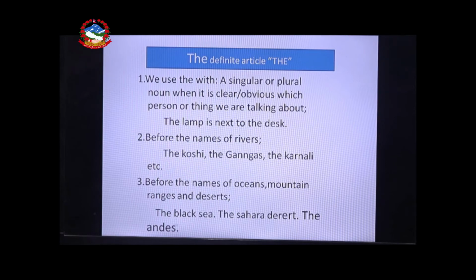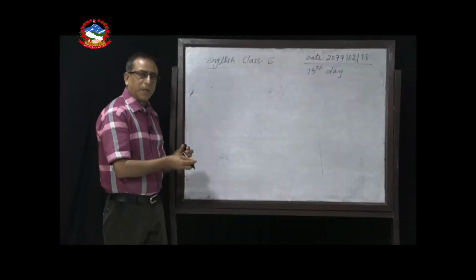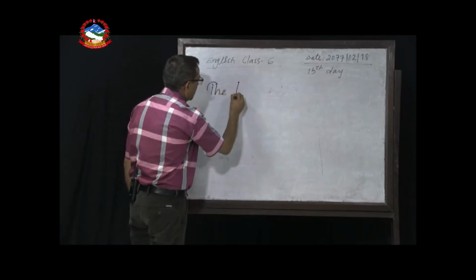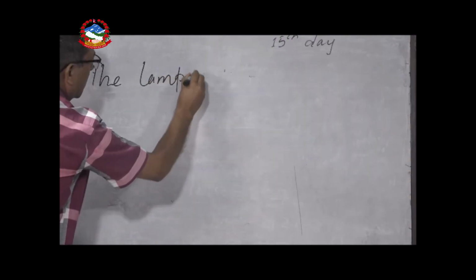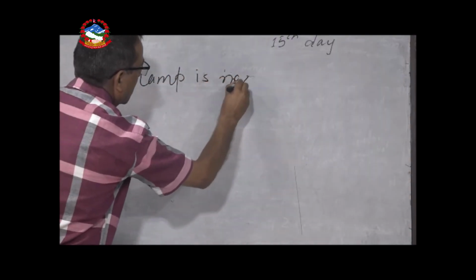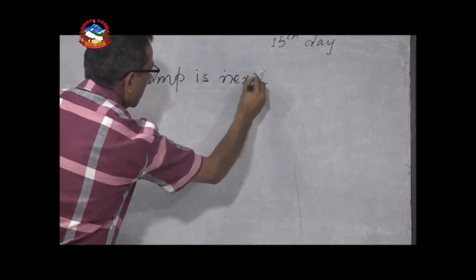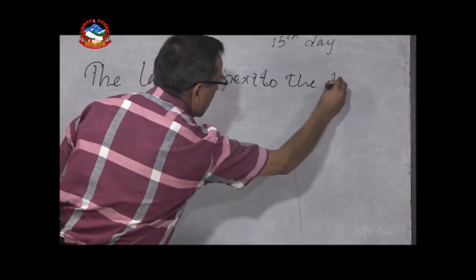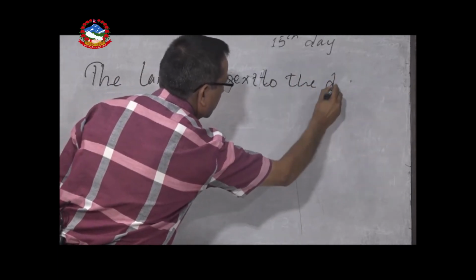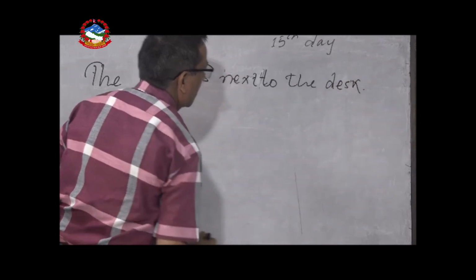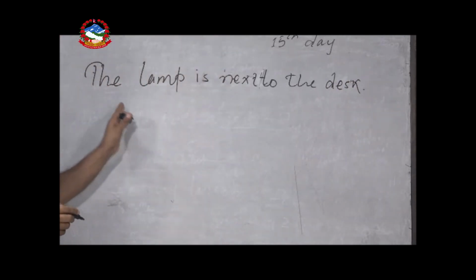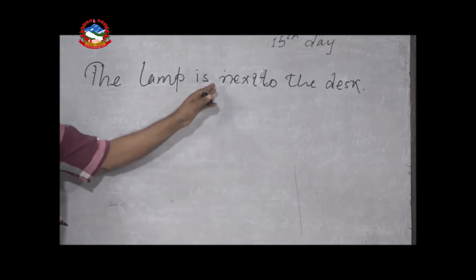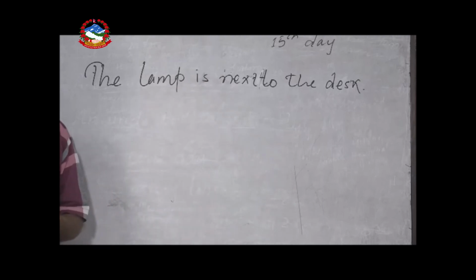For example, let's see the whiteboard here. The lamp is next to the desk. Now, let's see this sentence. The lamp is next to the desk.